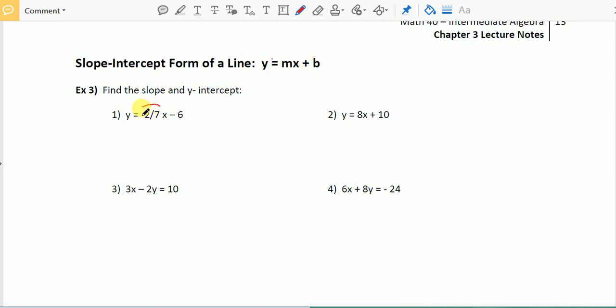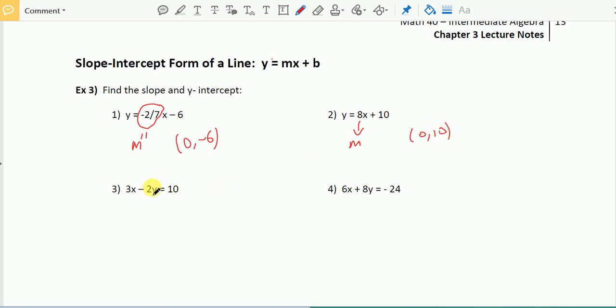So the number in front of the x is the m, or the slope. So the slope is just -2 over 7. Y-intercept is -6, or you can rewrite it as the ordered pair (0, -6) here. This one is already in this form too. So 8 is the m, or the slope, and 10 is the y-intercept, or (0, 10).